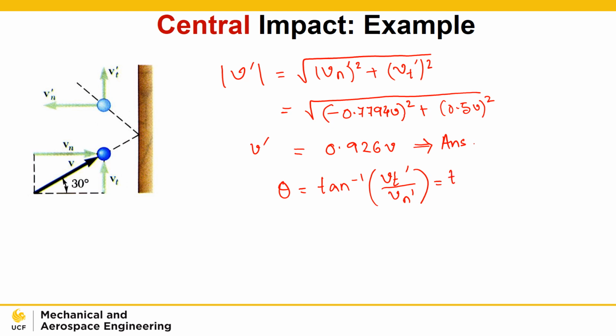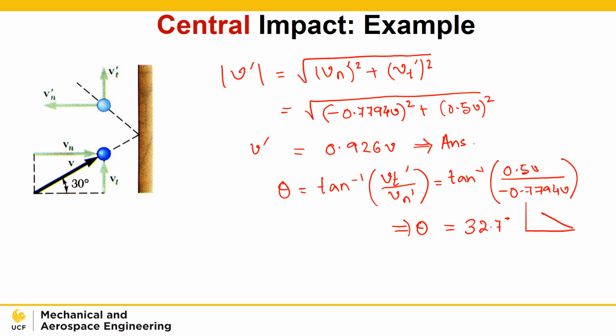This is equal to tan inverse of Vt prime, which is 0.5 V, divided by Vn prime, which is negative 0.7794 V. This gives our theta to be 32.7 degrees, and this angle is with respect to the negative x-axis.